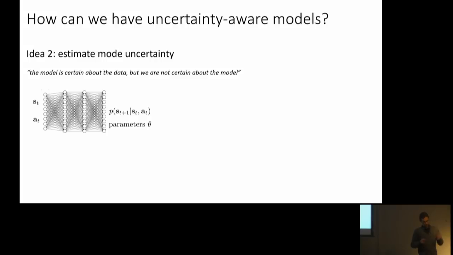For that we have to introduce a little bit of notation and a little bit more formalism. Let's say that our model has parameters theta, so those are the weights in the neural network. Usually, when we train a neural network with maximum likelihood estimation, what we're estimating is the argmax of the log likelihood. Technically what we should be doing is the argmax of the log probability of the parameters given the data.